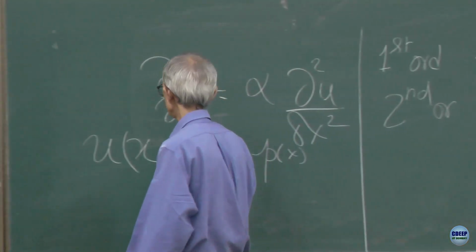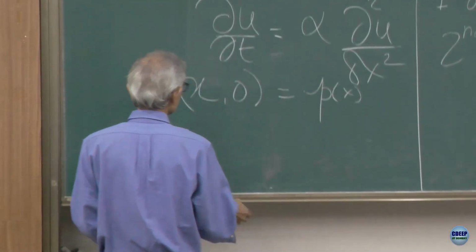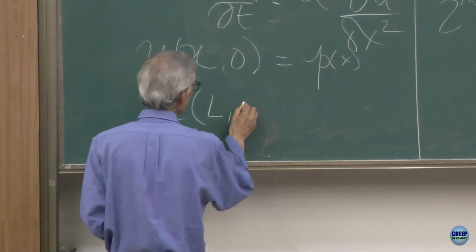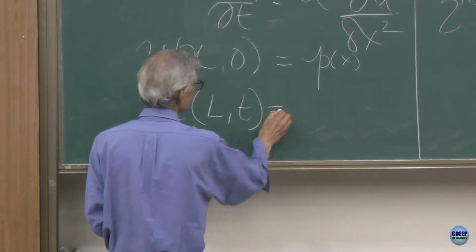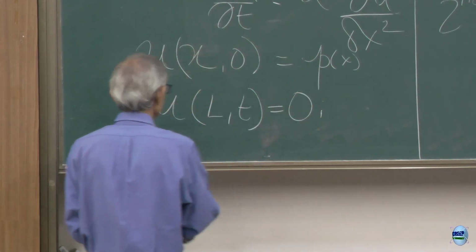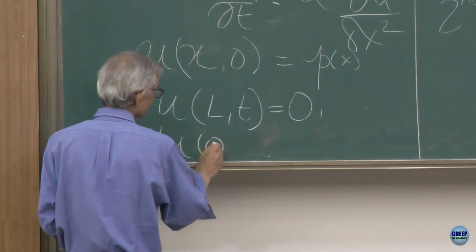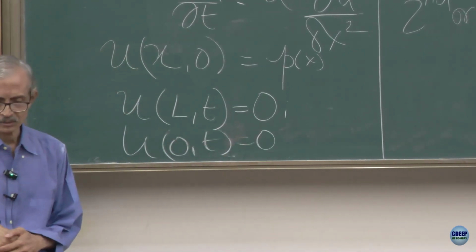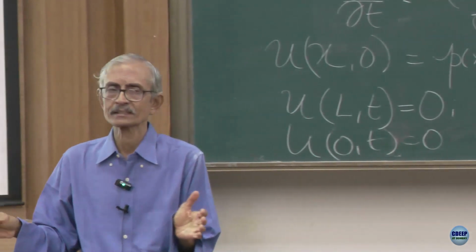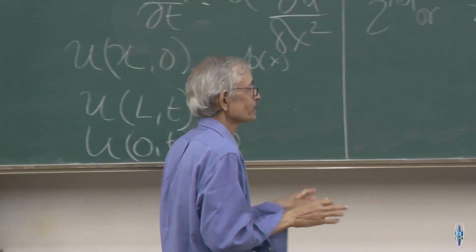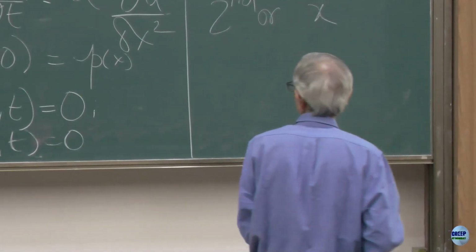And then you have u at, let us say, x equal to L and at all time is equal to 0, and u at x equal to 0 and at all time also equal to 0 in this particular case. We're going to relax this as we move along a little bit. Okay, not too much, but a little bit we are going to relax this.